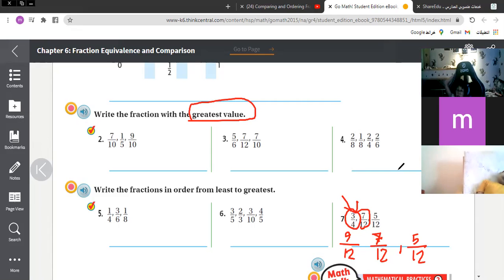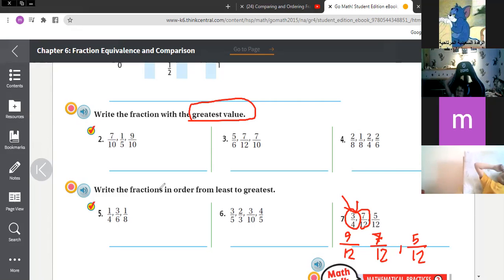Mu'taz? Yes, Mr. Mahmoud. Question 5: 1/4, 3/6, 1/8. Okay, now 4 multiplied by 2 equals 8.